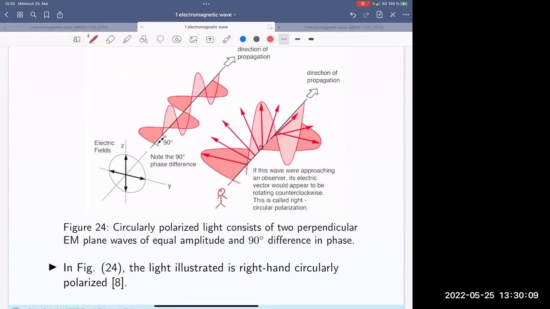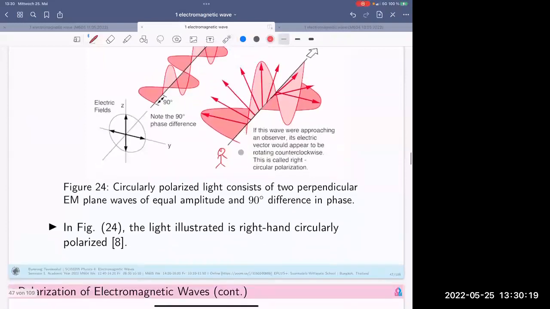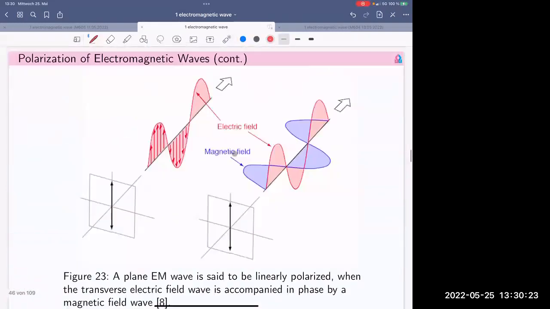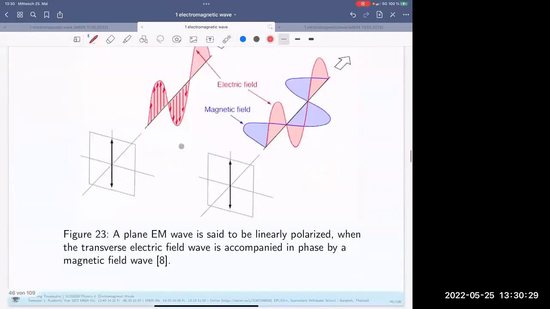If you lay your thumb in the direction, your remaining fingers will be in the same direction as the rotation of the E field. It's a little bit more complicated than the fixed polarization, vertical or linear polarization like this.